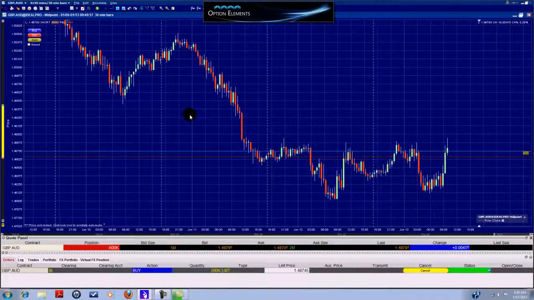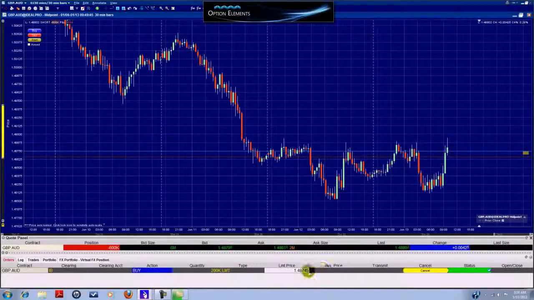Okay, we're back to our British pound Australian dollar pair. What we're going to do, we're short 600, break-even lines right here. We put this on in 2 tranches. We sold 400 here, and then we sold another 200 right up here. So I've got a buy order in right here to buy the 200, the second tranche, back, in anticipation of being able to sell those at a higher price.